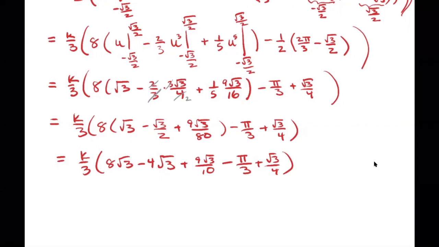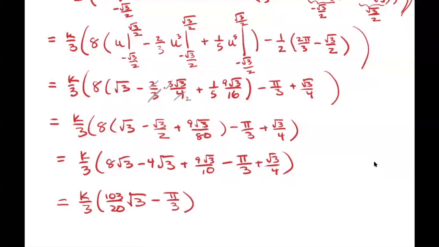Okay, and so my calculations are k over 3 times 103 over 20 root 3, minus pi over 3.